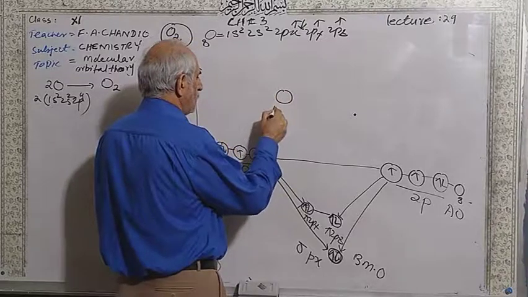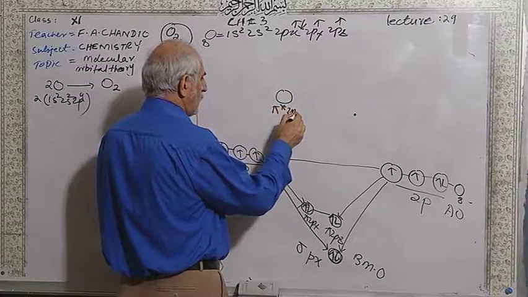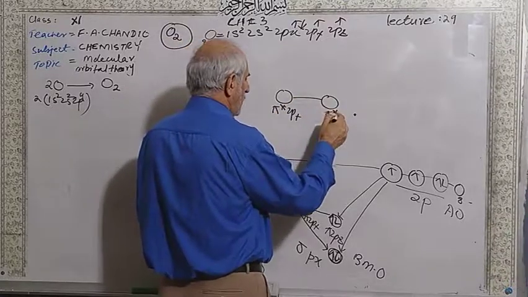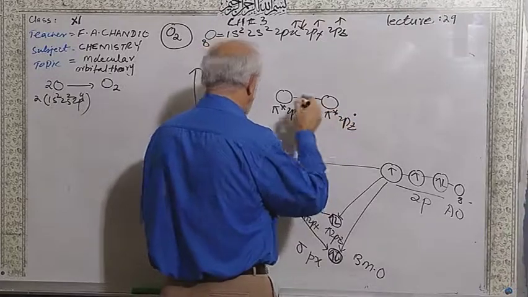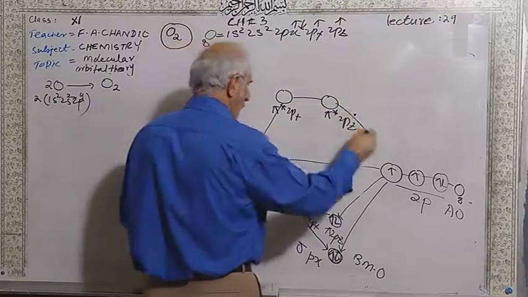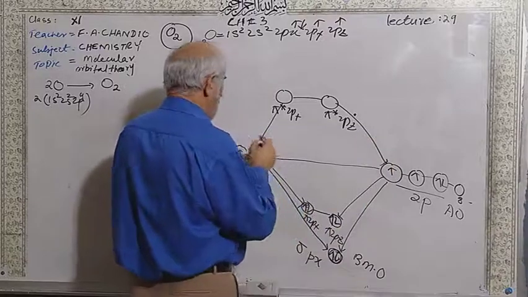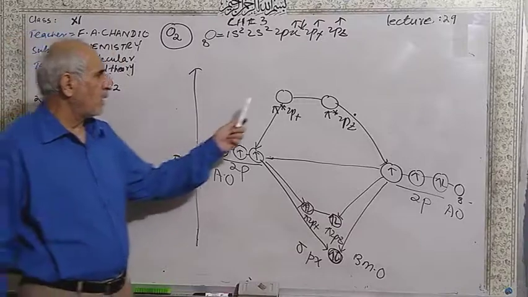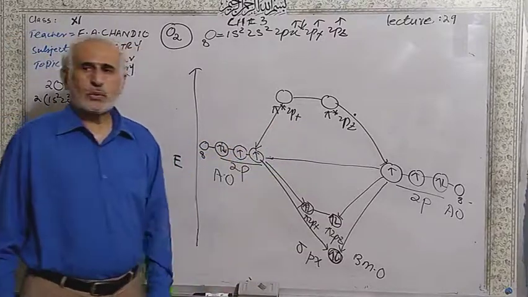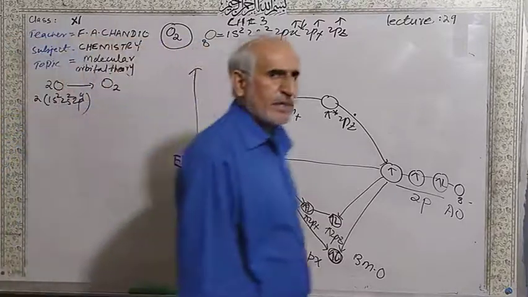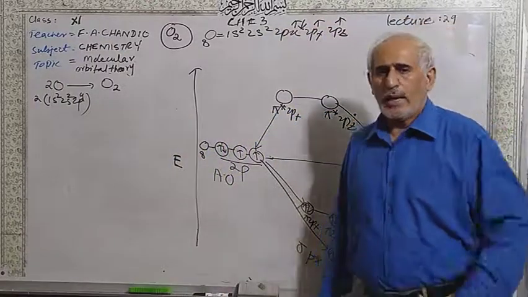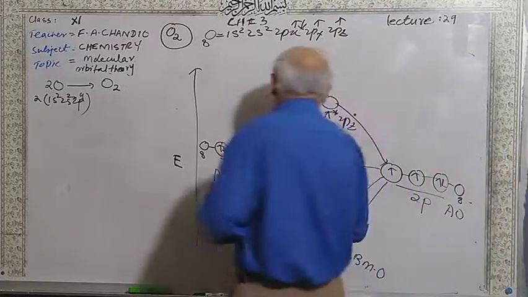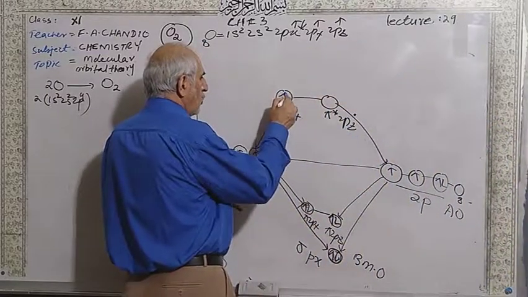this is pi star 2py and pi star 2pz. If two degenerate atomic orbitals are available and you want to accommodate more than 1 electron, the same rule applies: according to Hund's rule, 1 each.